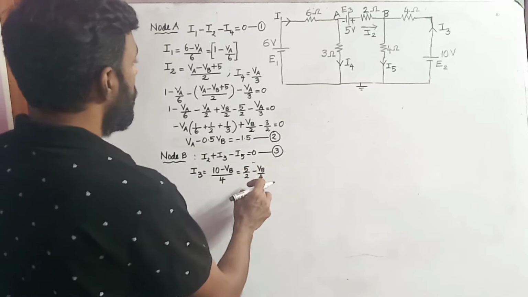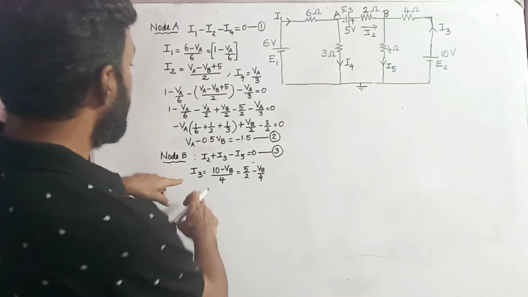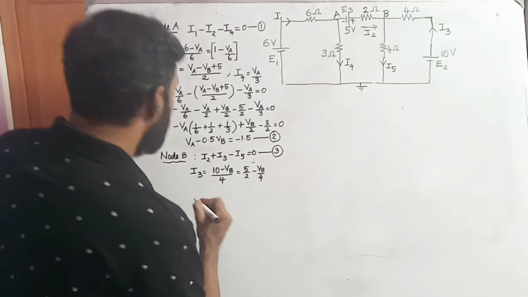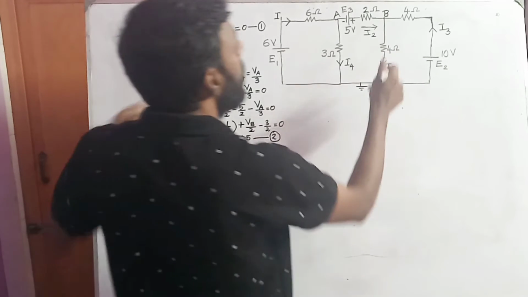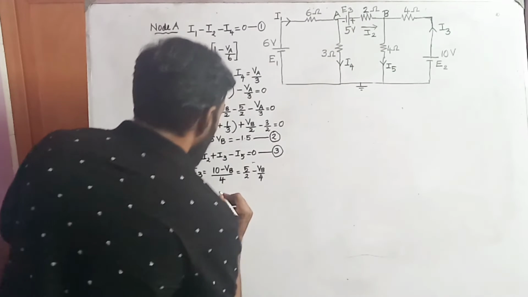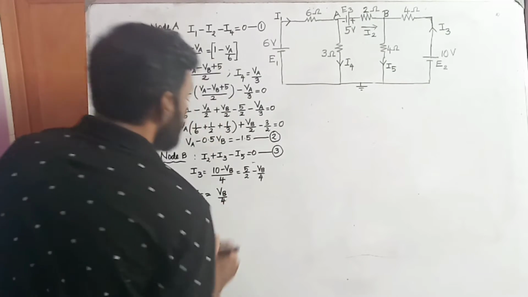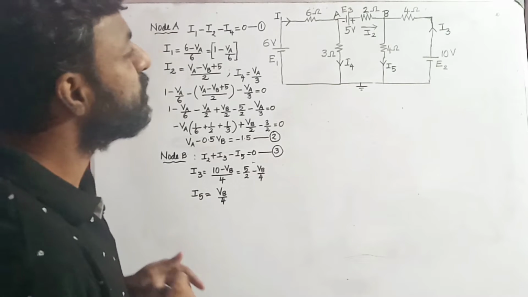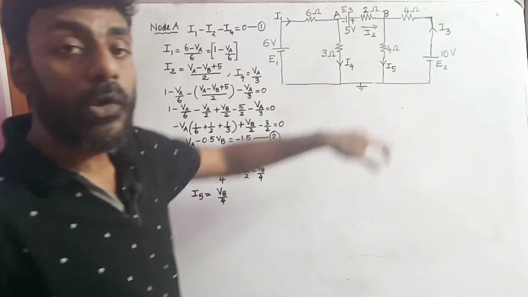So we have got the values of I2, I4, I1 and I3. What is the value of I5 here? I5 equal to VB divided by 4. This is the value of I5.